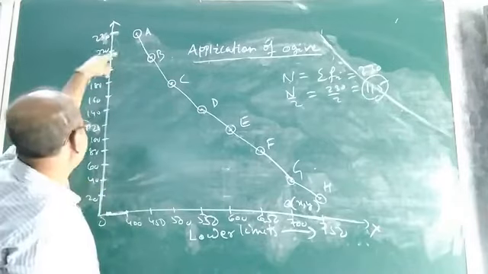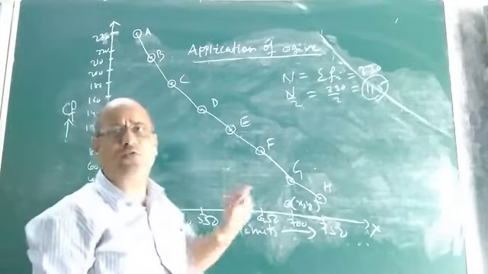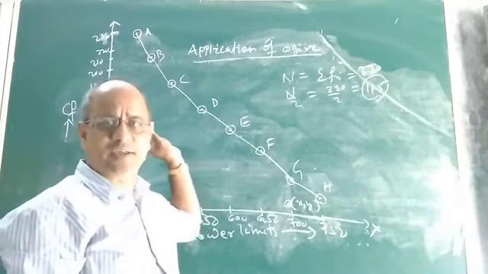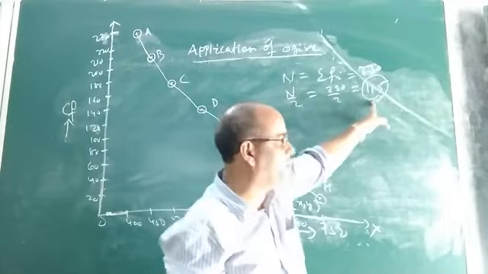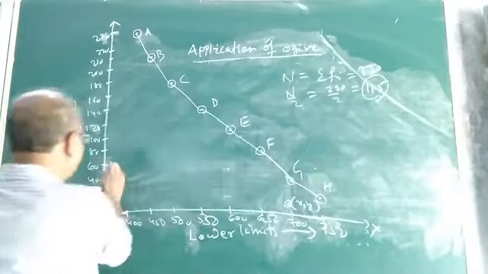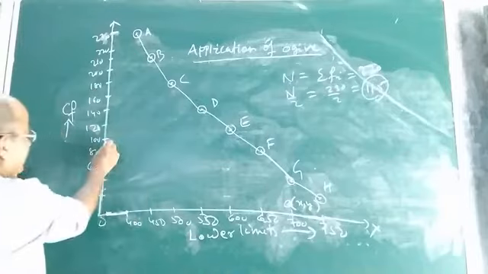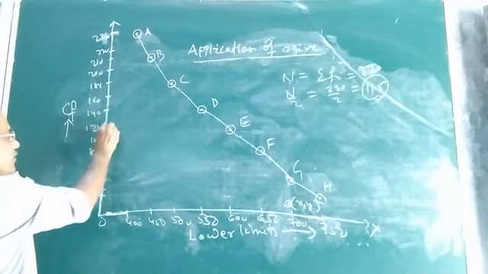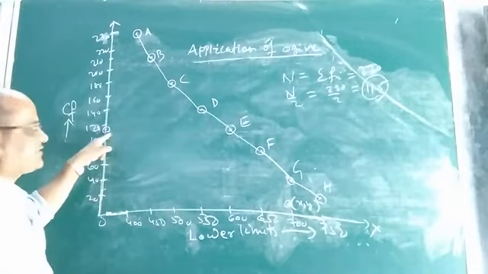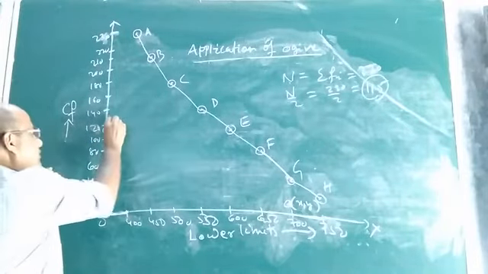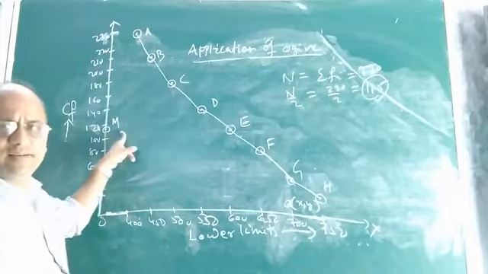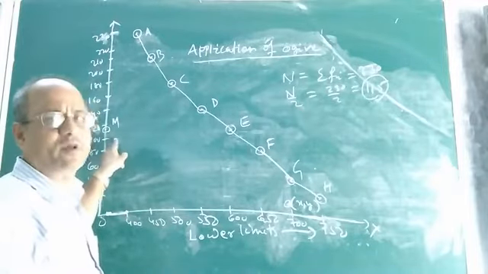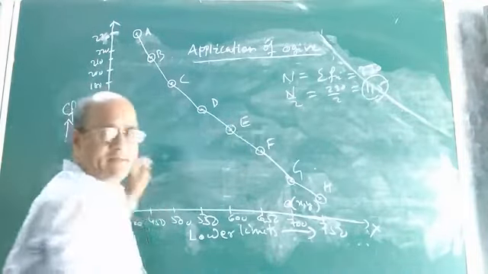This y-axis represents the cumulative frequencies. Now you have to locate the value of n by 2 here. See, it is 100, it is 120. Suppose this point is 115. Let this point be m, which denotes 115, equal to n by 2.